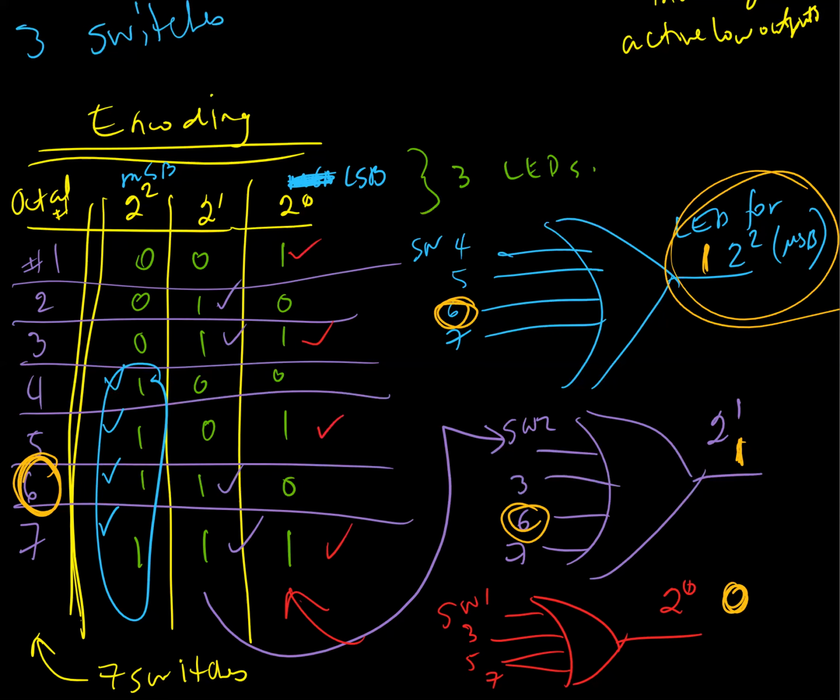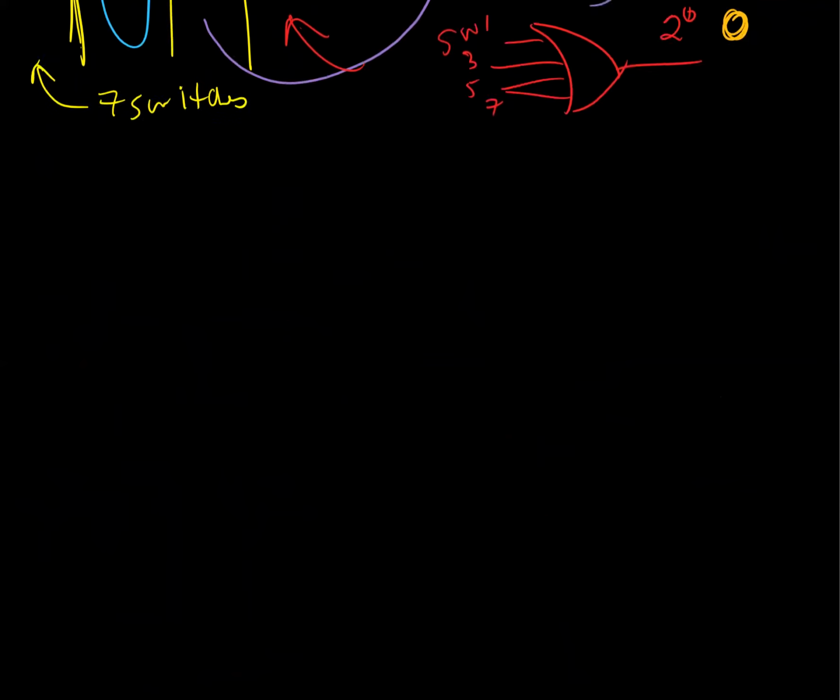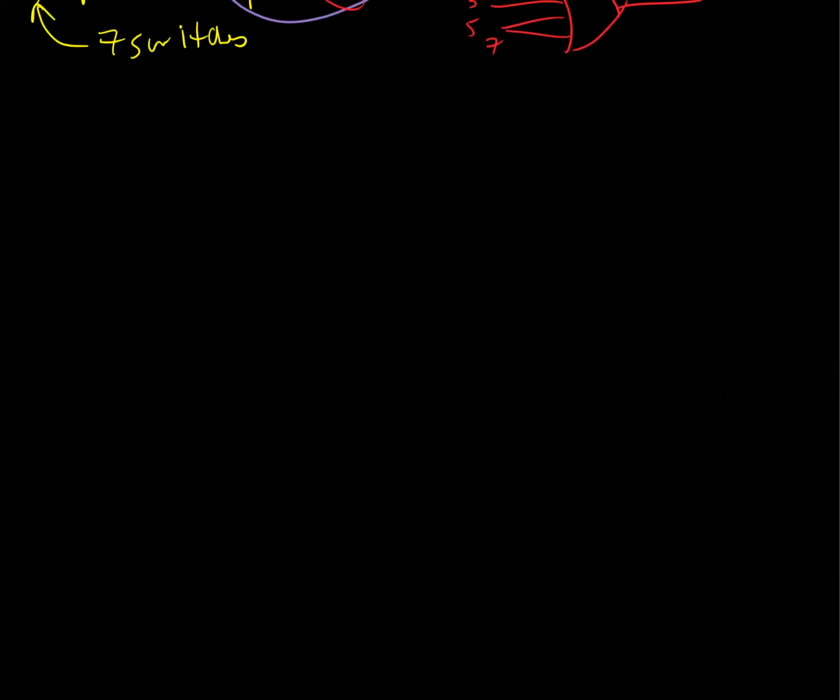And one of the things that we noted was in the lab, we built an encoder, but we didn't build our encoder with OR gates. We actually built it with NAND gates, and they were actually active low. So let's draw, taking the most significant bit example from above.